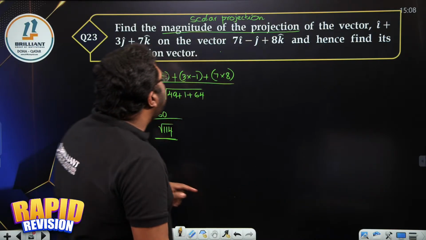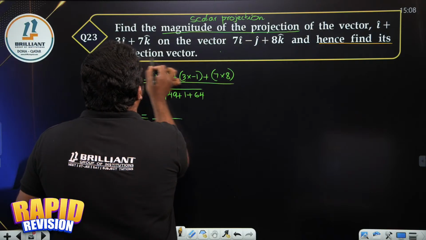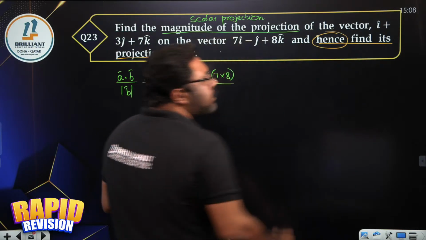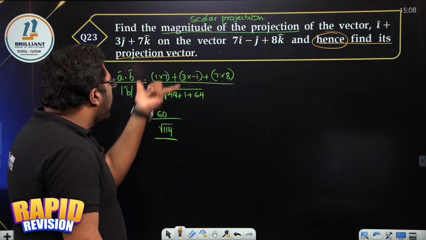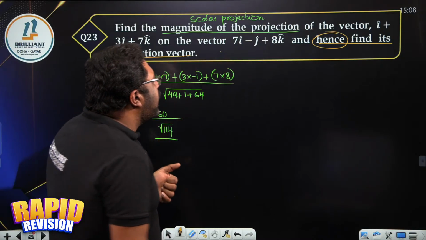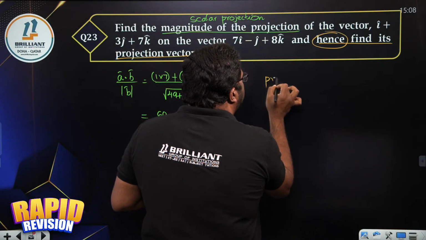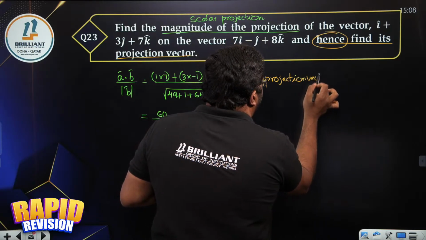Then I want you to find, hence find, its projection vector. I'm expecting this for 2 marks, that's why I'm repeatedly telling you, find the magnitude of the projection and then find its projection vector. What is the projection vector or vector projection?